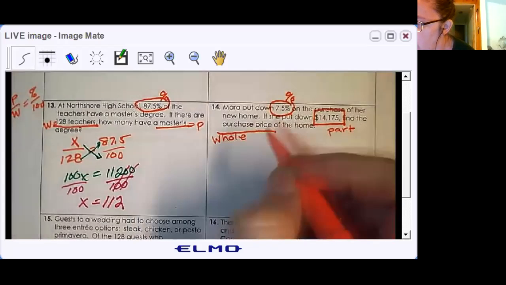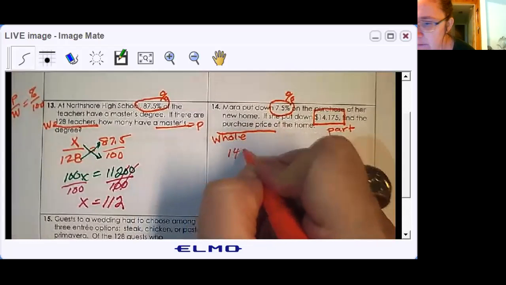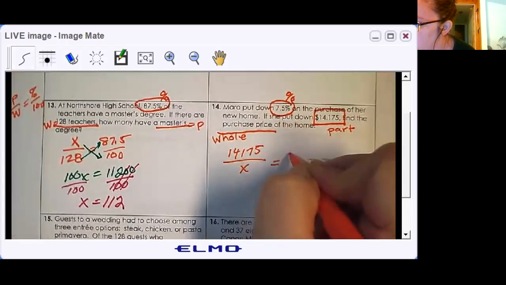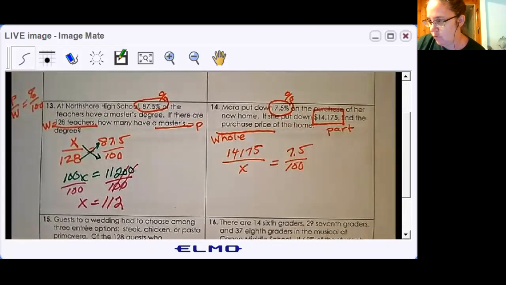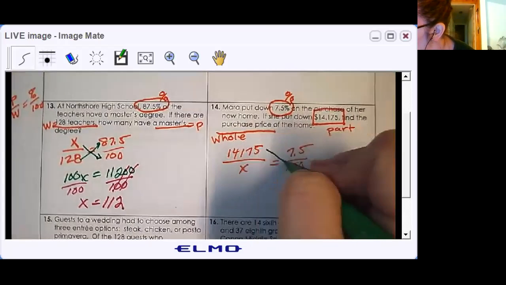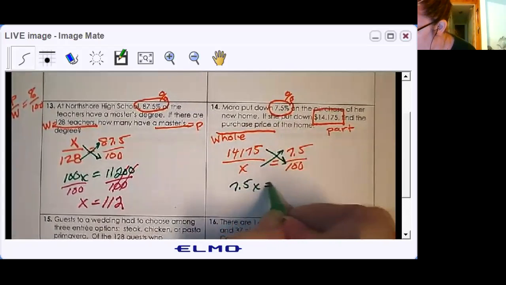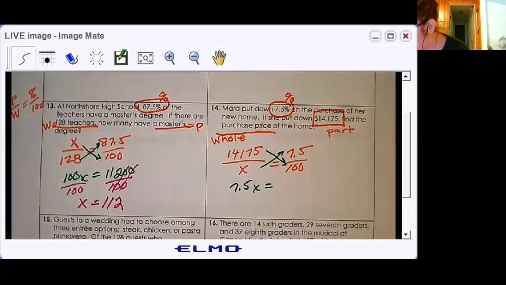So now I do part over whole equals percent over 100. Cross multiply. So I have 7.5x equals 14175 times 100.